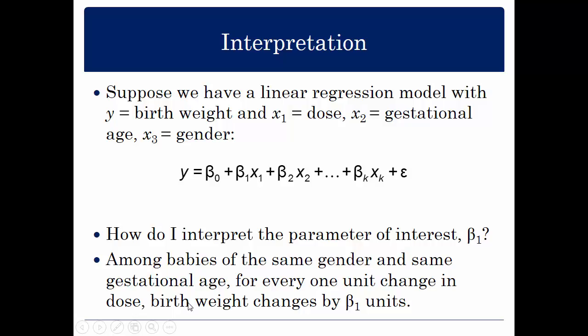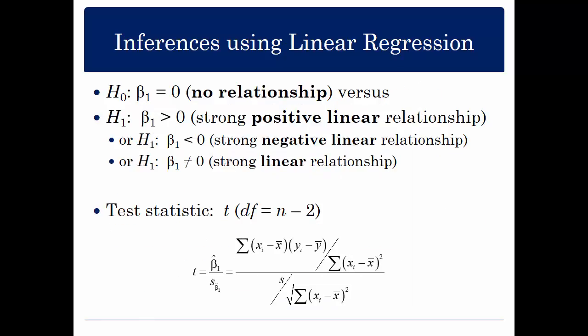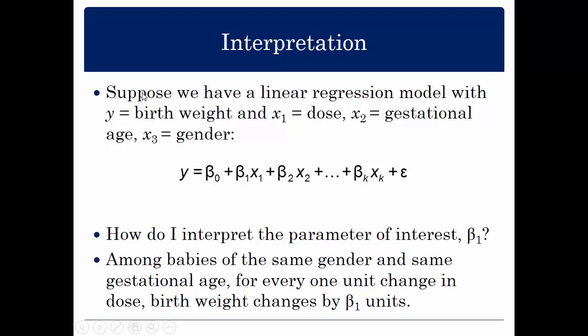So the key here is that if we hold everything else constant, beta 1 describes how babies' birth weights differ if the babies are similar in all other respects except the dose of the drug. It is not the same interpretation that we had in the simple linear regression situation, where we only had one thing we were accounting for, and that described how Y changed.